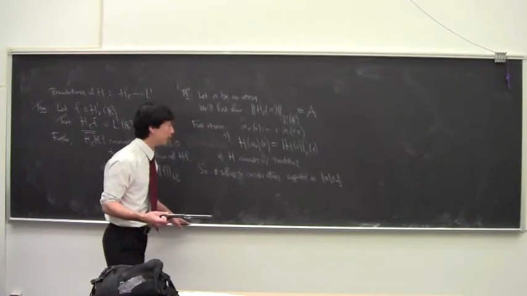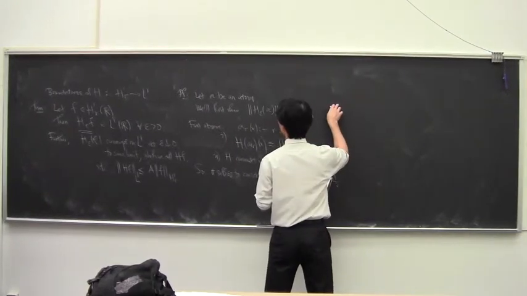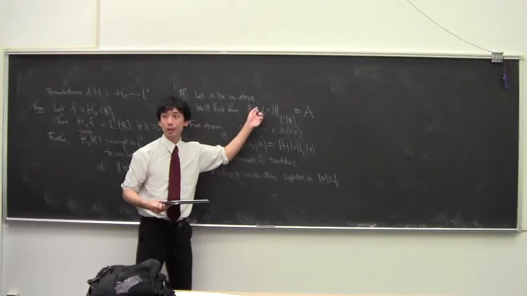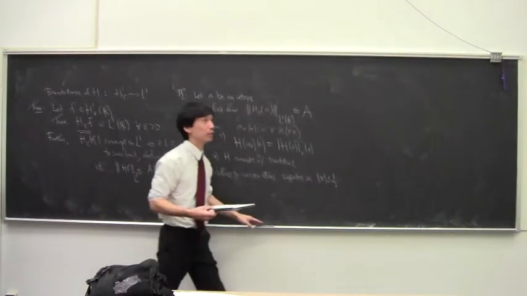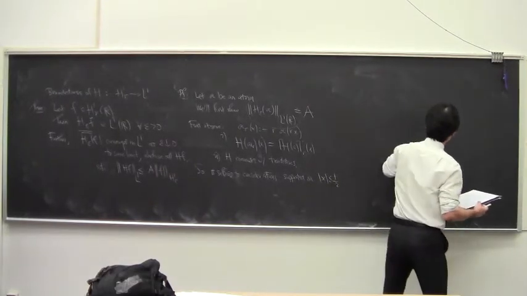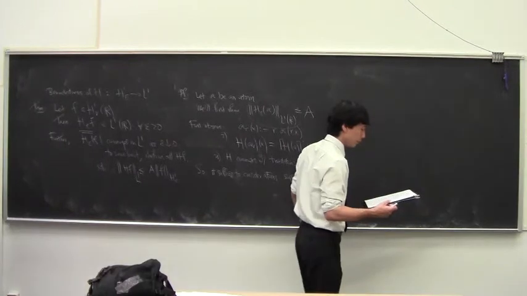Okay, so what we're going to do is, we want to control the L1 norm of this guy, and we're going to do something that you may see many more times. You may see a lot of this.